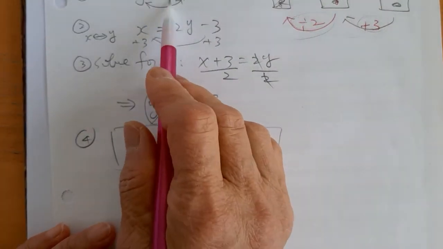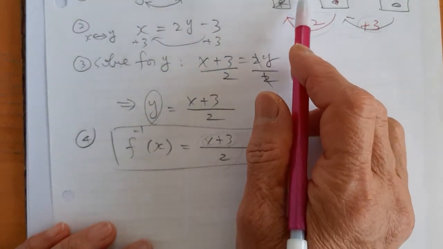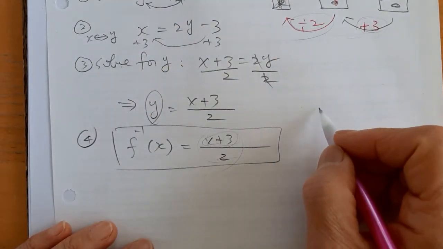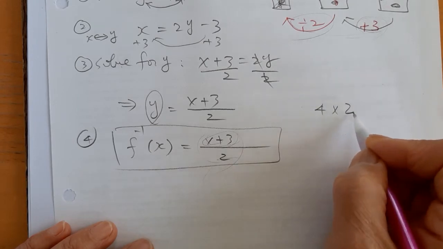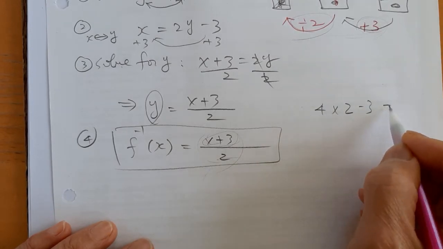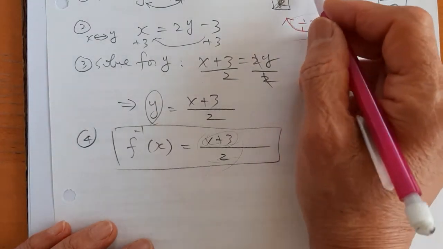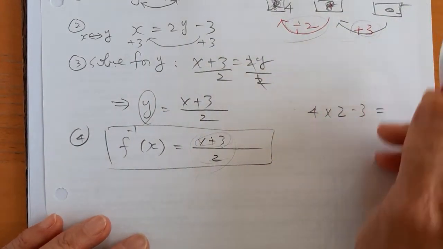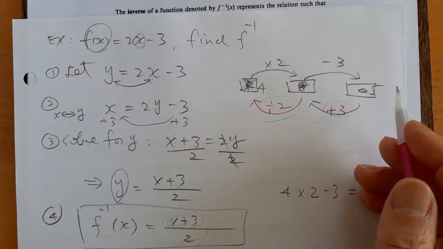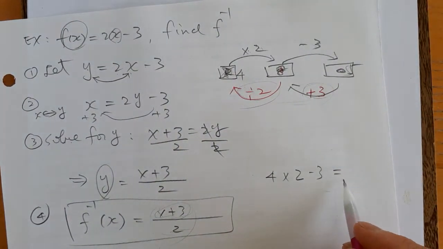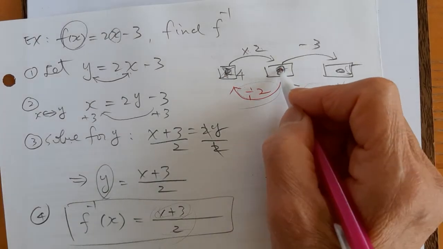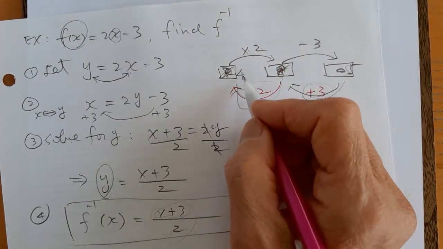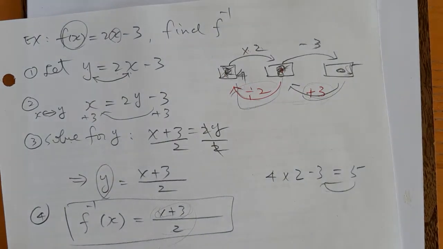So take a number, you multiply by 2 and subtract 3. For example, 4 times 2 is 8, minus 3, you get 5. Then you do the inverse: you add 3, you get back 8, then divide by 2, you go back to 4.